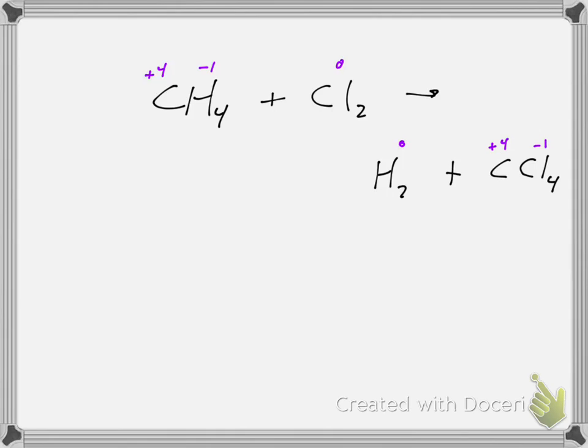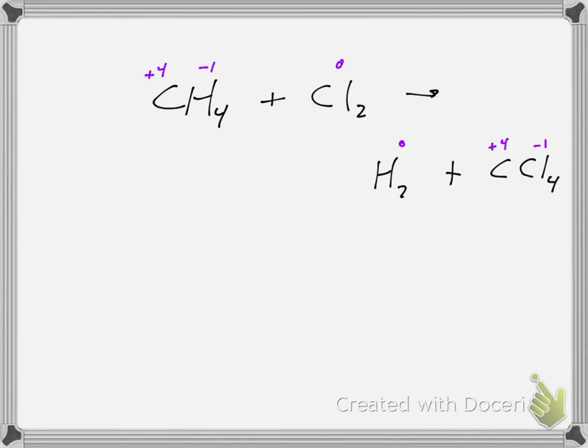I can identify that hydrogen went from -1 to 0, so it lost an electron, it was oxidized. Chlorine went from 0 to -1, it gained an electron, it was reduced. And then sometimes we ask different questions on this. Sometimes we ask which element was oxidized or reduced. Sometimes we ask which reactant. So make sure you read the question.